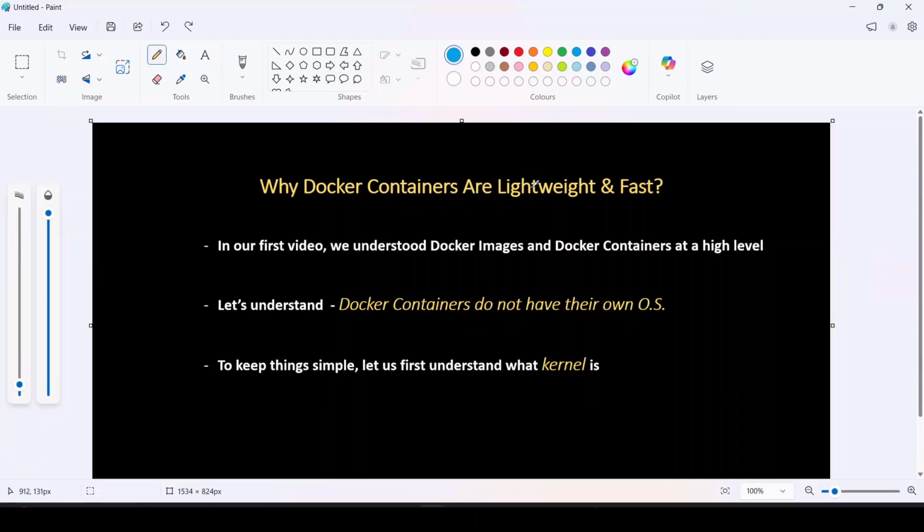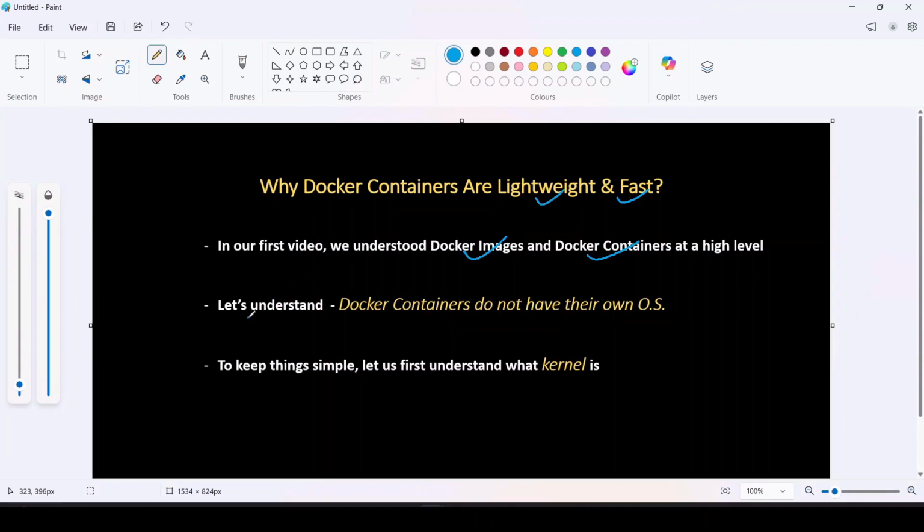Hey guys, in this video let us understand why Docker containers are lightweight and fast. In our first video we understood Docker image and Docker container at a very high level, and in our second video we saw a very simple example of a Docker container, that is the hello world application.